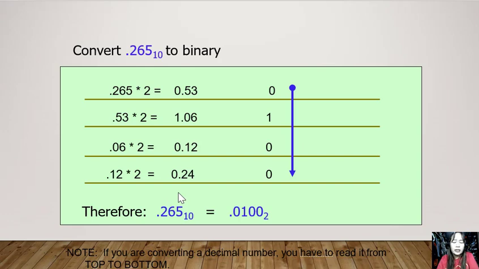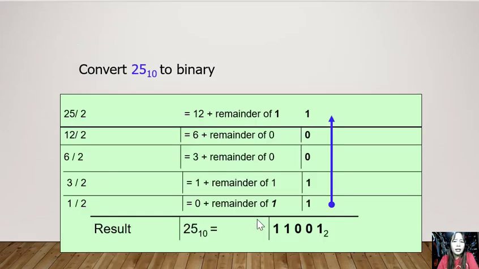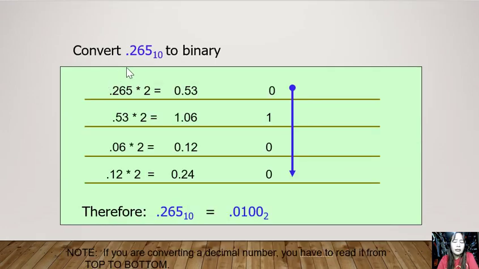As you can see here, 0.265 in decimal form is converted into 0.0100 in binary form. If you are given a problem that has a whole number and a decimal part, you divide the whole number by 2, just like the previous example, and then merge it with the result of your computation for the fractional part, as in the example shown on your screen, which is 0.265.